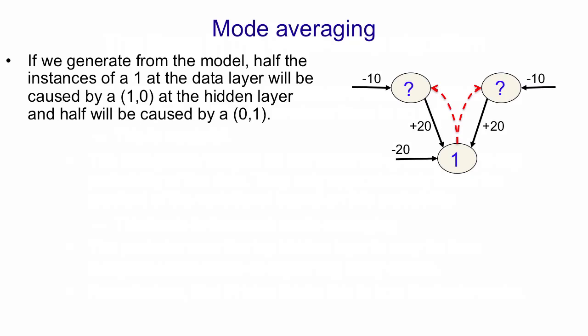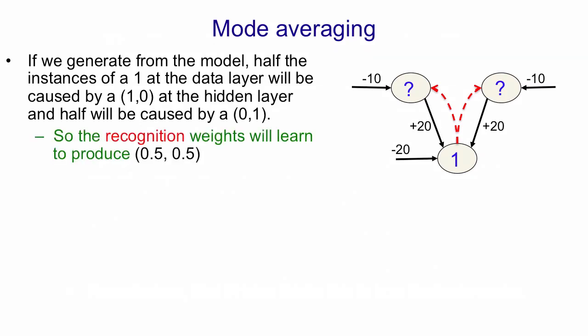So now think what the learning will do for the recognition weights. Half the time we have a 1 on the visible there, the leftmost unit will be on at the top, so it will actually learn to predict that that's on with a probability of 0.5, and the same for the right unit. So the recognition units will learn to produce a factorial distribution over the hidden layer of 0.5, 0.5.